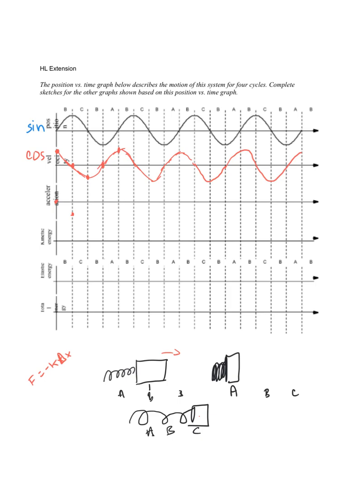Then as we go back through B, as our spring's extension has decreased, we're going to go back to a force of 0. Then as our spring condenses, as it moves towards point A, our force is going to increase, and therefore our acceleration is going to increase in the positive direction.